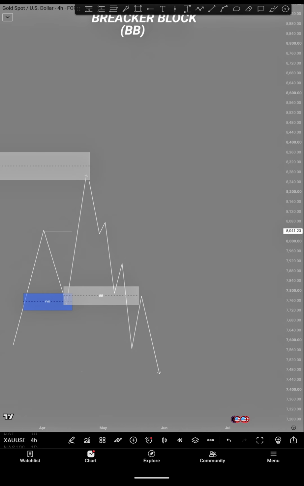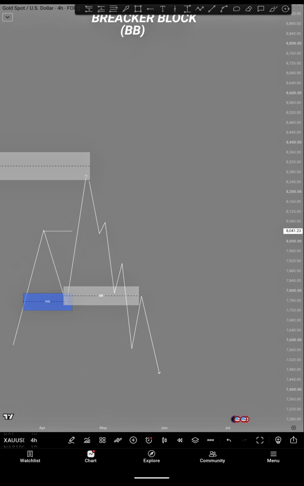Simple. Why am I emphasizing protected lows, right? Because it is where you have a protected low that you are going to have a what? A shift in market structure. And my ideal breaker block is where there is a change of character, or shift in market structure, depending on the time frame, right?